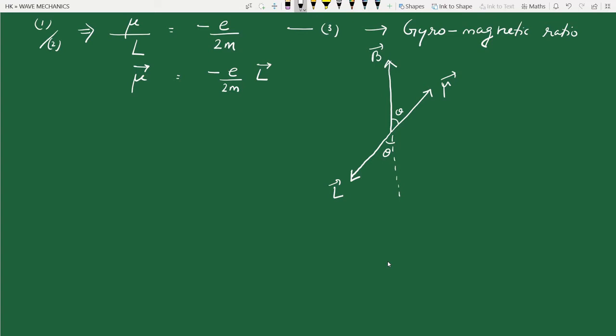In our semi-classical model, the electron's orbital plane will be something like this around the nucleus.